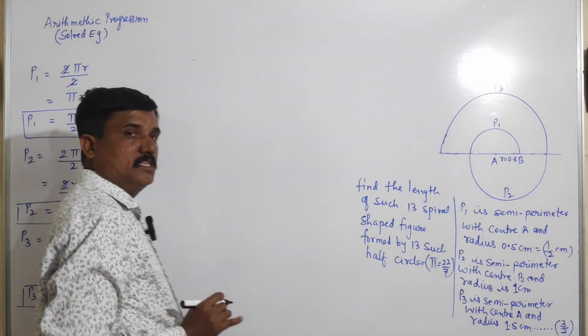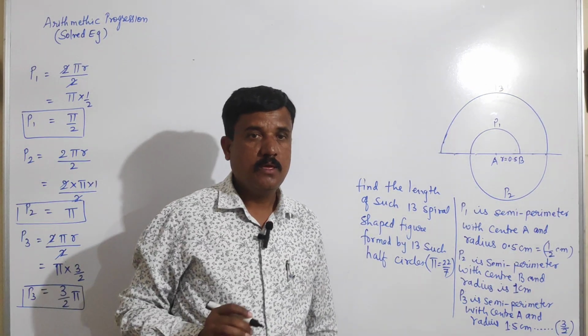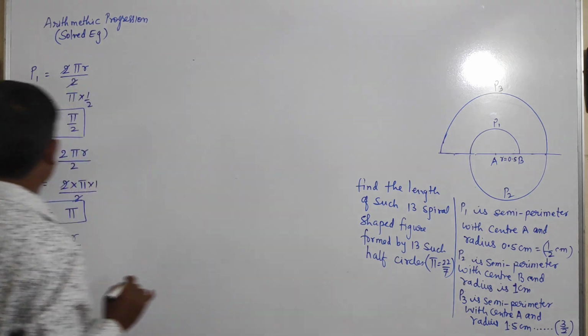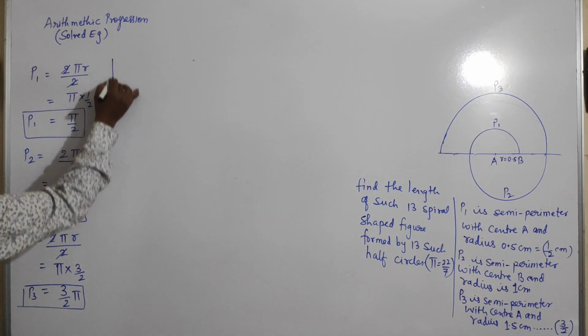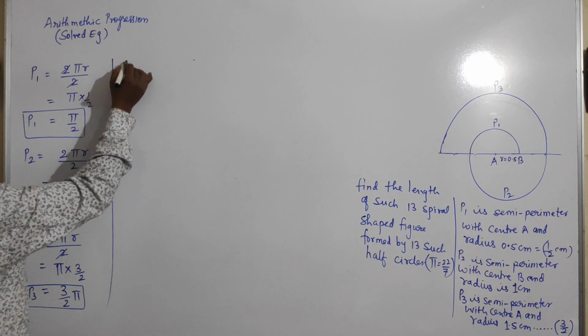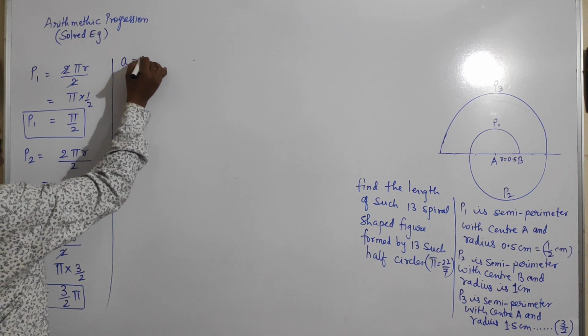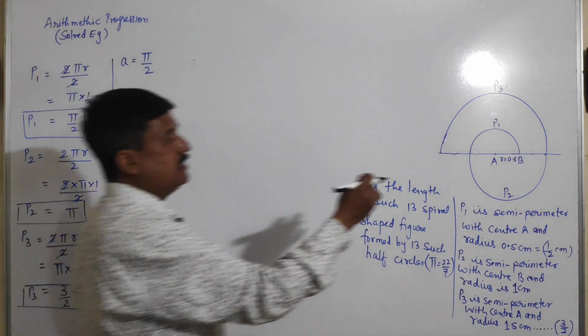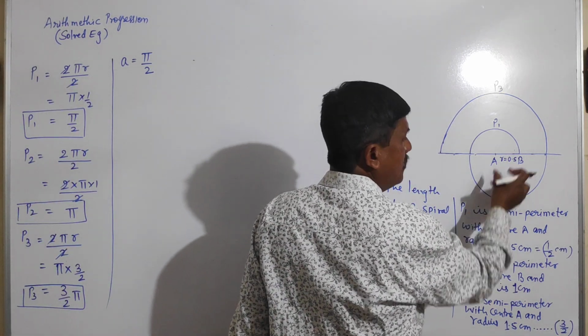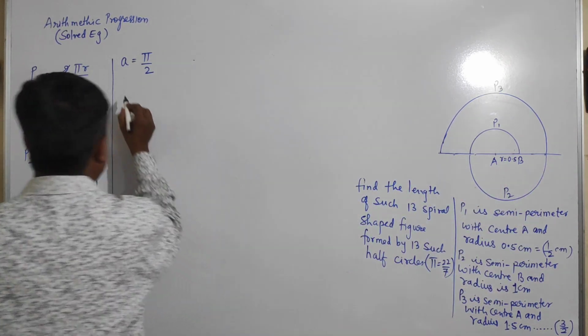So this is the value for P1, P2, P3. Therefore, the value of A is, A means first term. A is pi by 2. And what is the difference in this? The difference is again pi by 2.